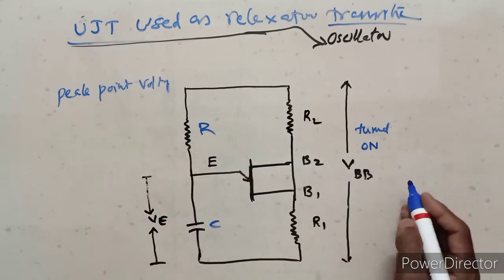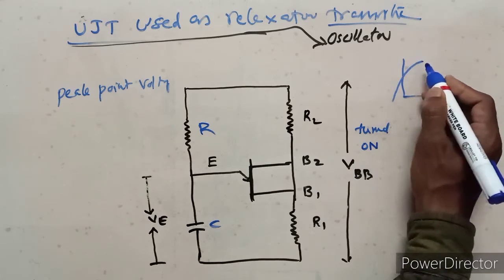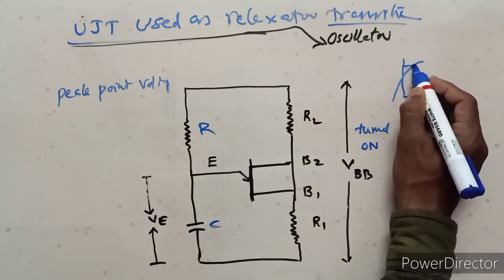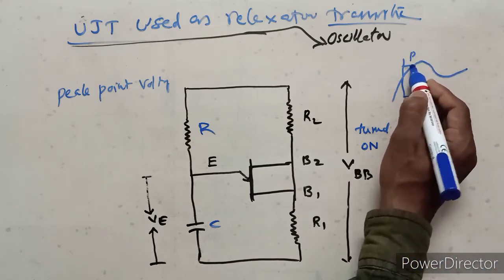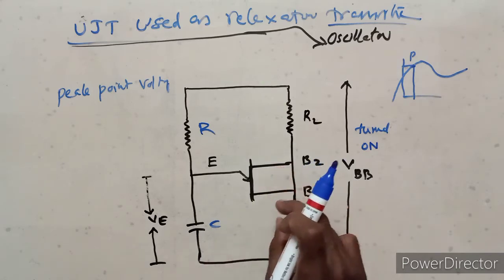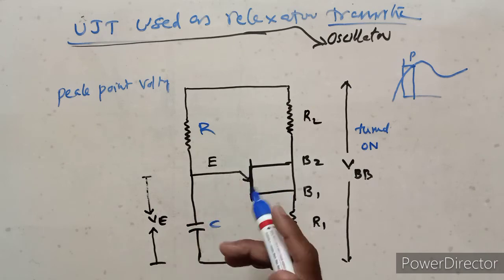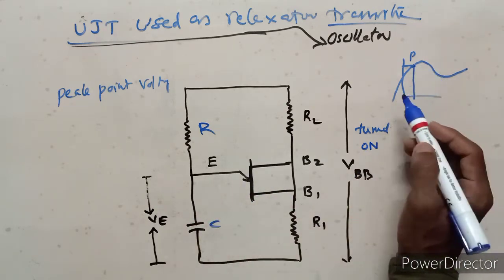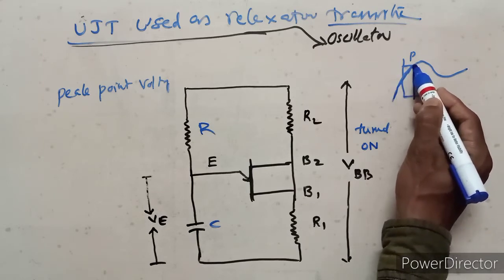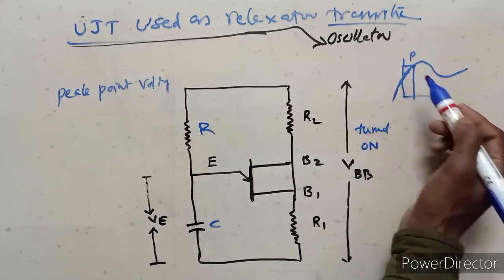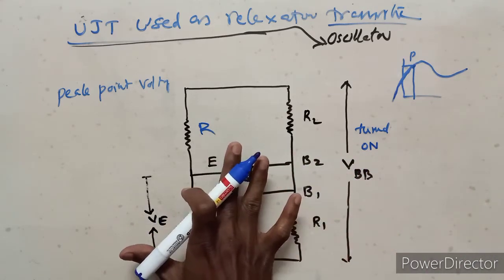Refer to the characteristics graph. This is the peak point. So during the charging period, the voltage across the capacitor rises and keeps increasing until it reaches the peak point voltage.